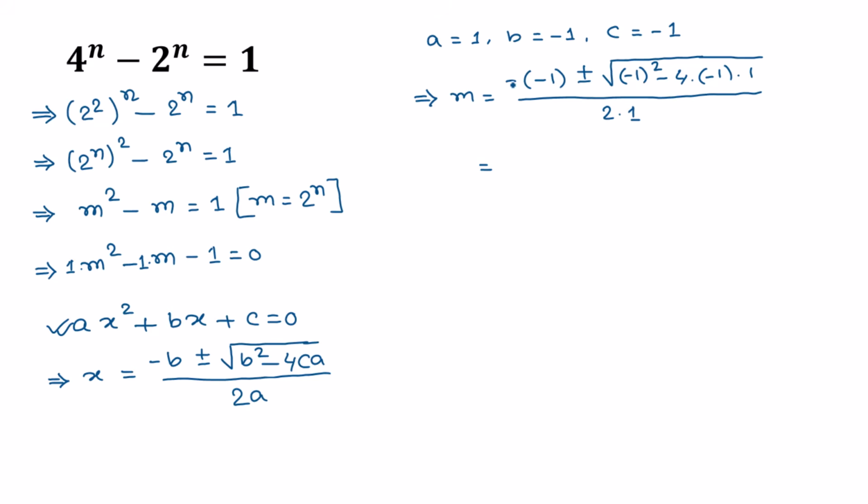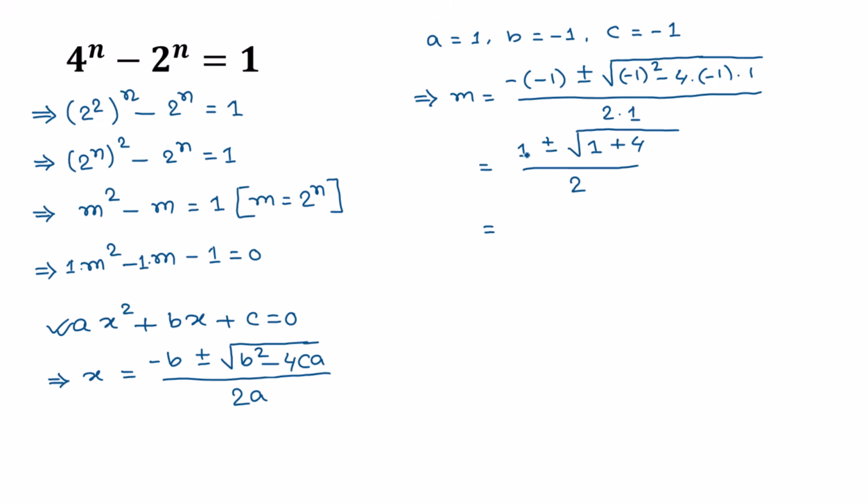This is equal to negative of negative 1, which is positive 1, plus or minus the square root of negative 1 whole squared, which is positive 1, and negative 4 times negative 1 is positive 4 times 1, which is plus 4, divided by 2 times 1, which is 2.